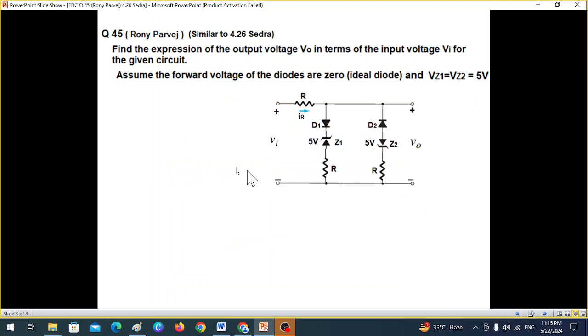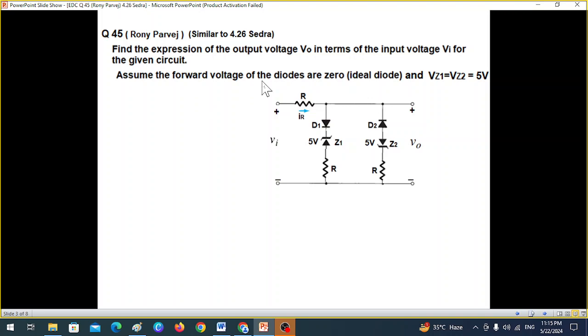Now let's see the question. It is similar to question 4.26 of SEDRA, for which I have made another video. I'll give a link of that. But this is very interesting, I find it. So let's see: find the expression for the output voltage V out in terms of the input voltage V in for the given circuit.